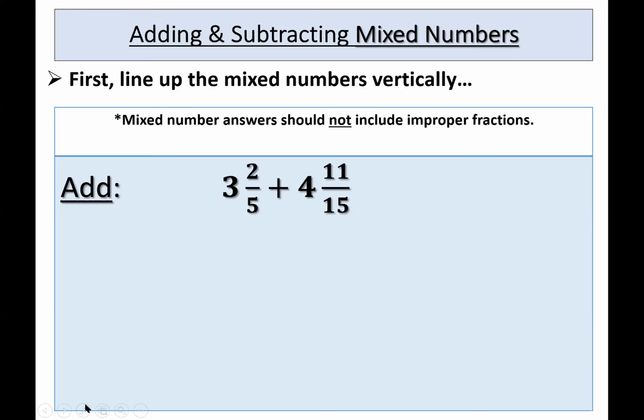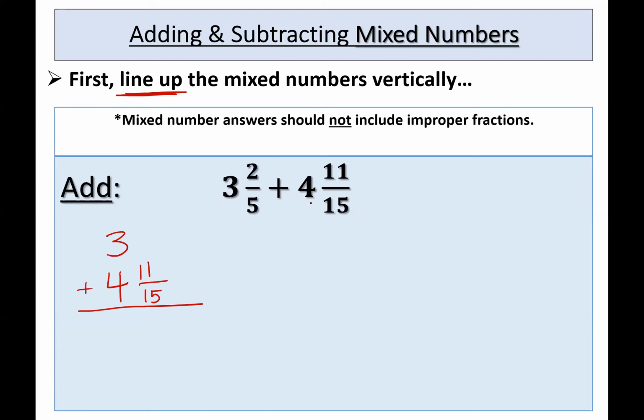So I'm going to show you how to do this without changing them. We're going to line them up vertically. As we do that, the whole numbers will be lined up, and then the fractions will be lined up.